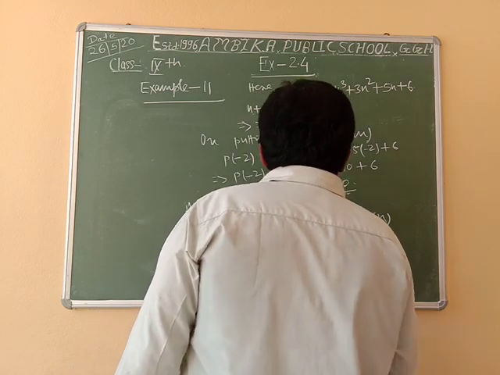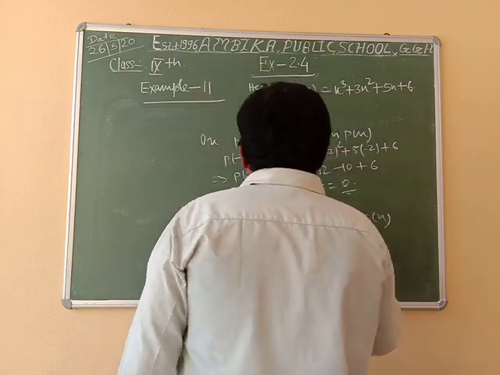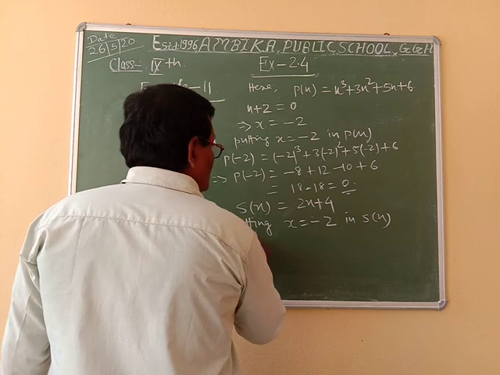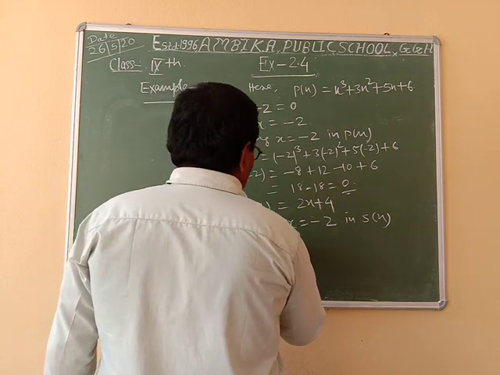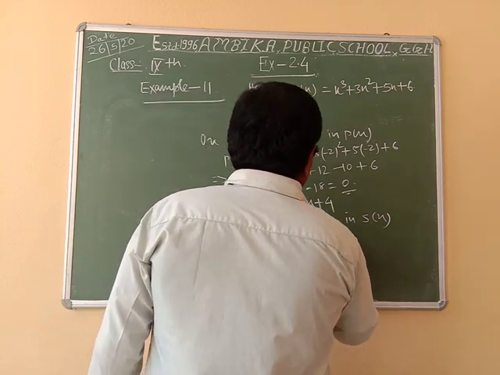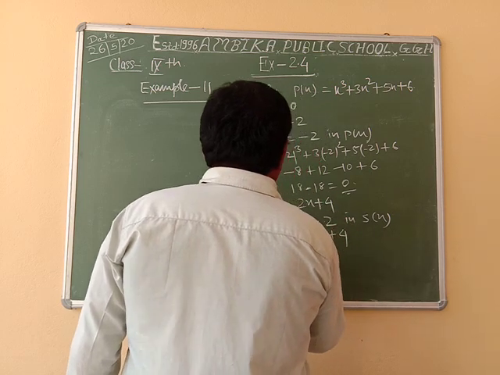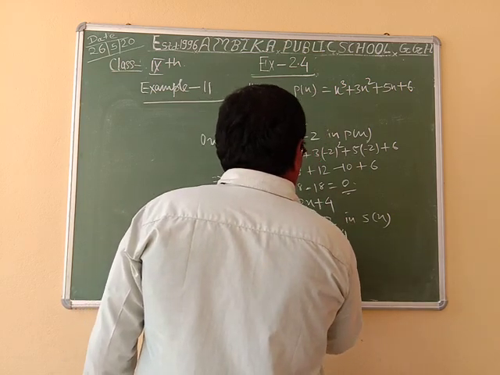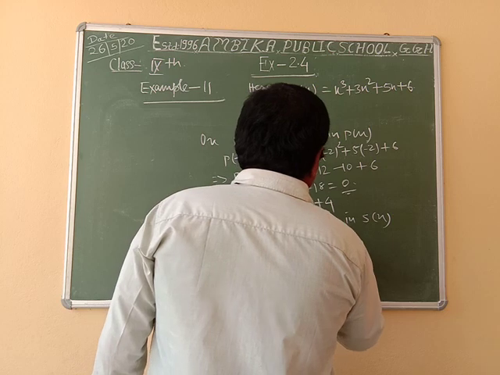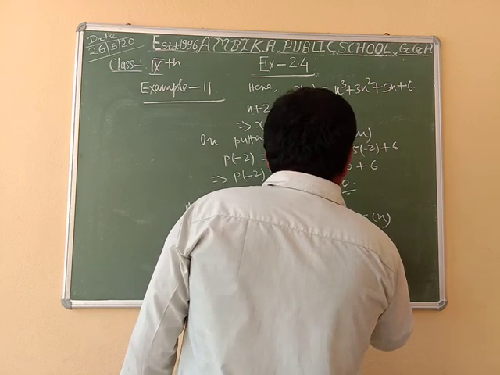So S minus 2 is equal to 2 into minus 2 plus 4, is equal to minus 4 plus 4, is equal to 0.